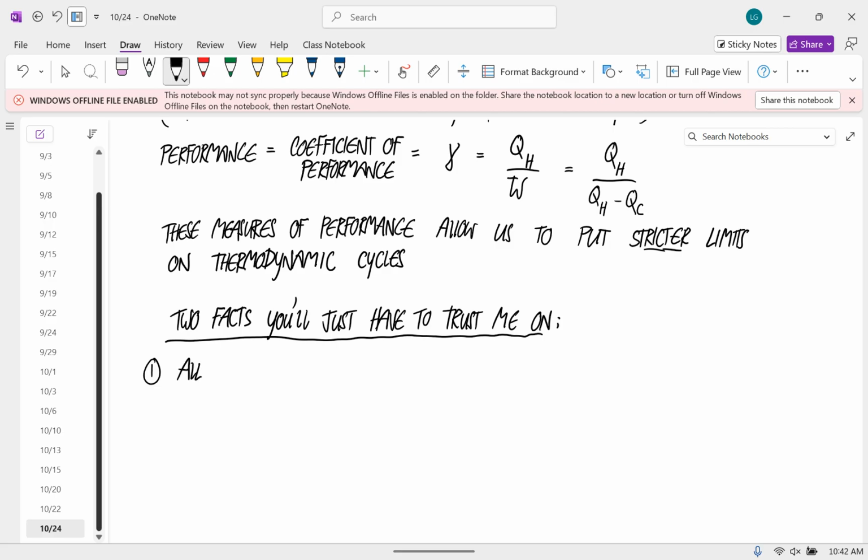All power, refrigeration, and heat pump cycles with perfect efficiency, let's say, oh boy.